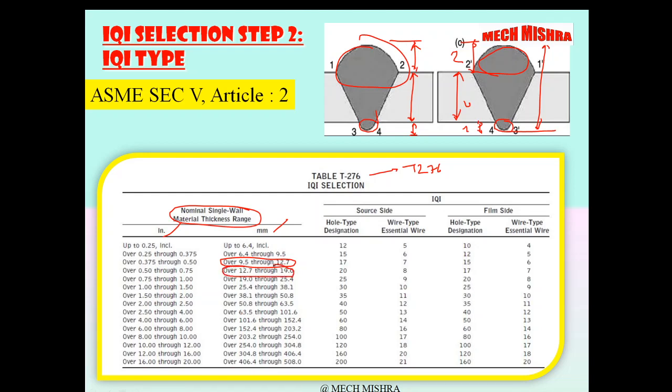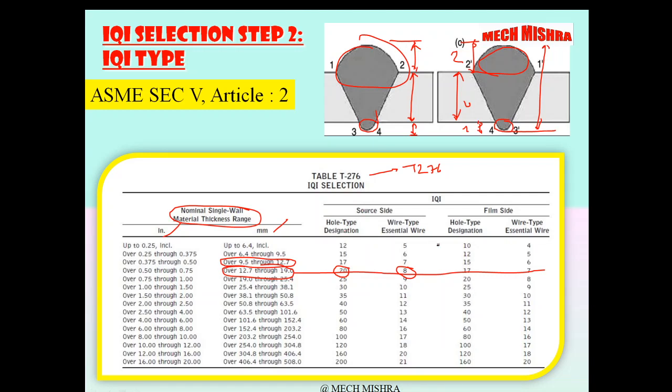Here, 12.7 to 19. So for 13 mm I am here. So if I am selecting the IQI wire type, 8 will be the essential wire which should be visible, and 20 will be the hole type wire which should be visible on the radiography film.